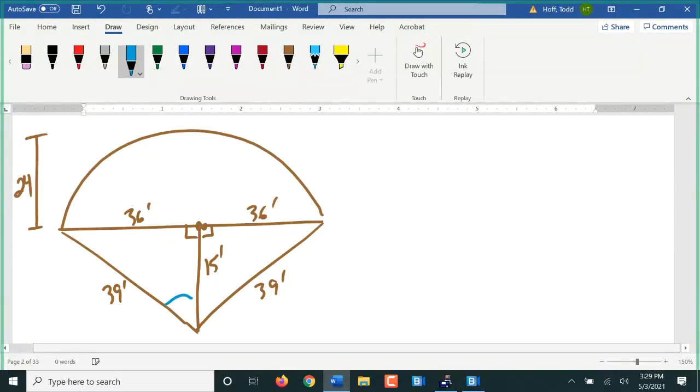I can find this angle here. I can really use any trig function. I'll do the inverse tangent of 36 over 15, which gives us, this is what, 67.38, I believe.